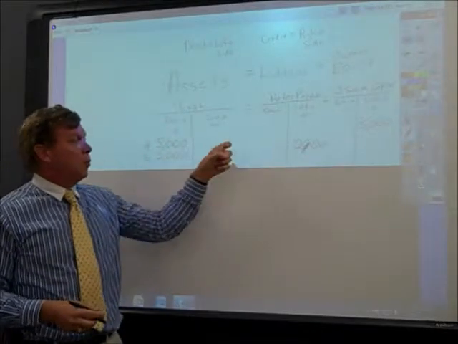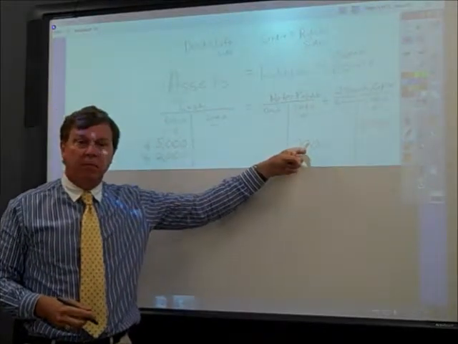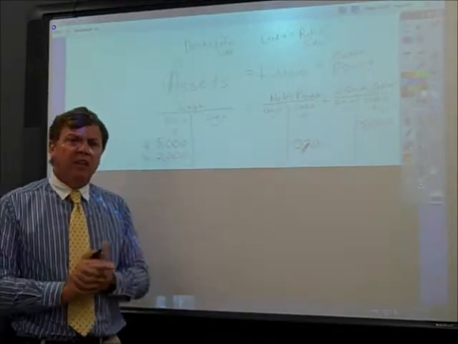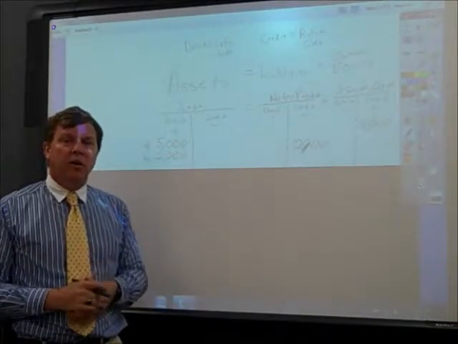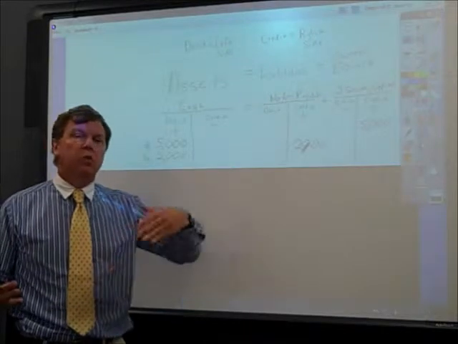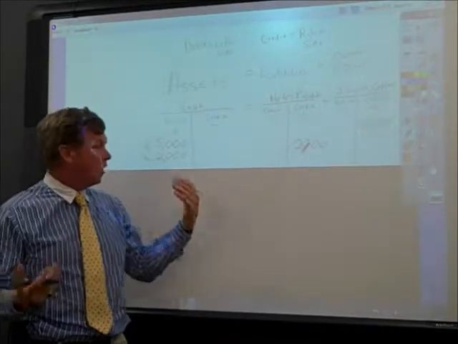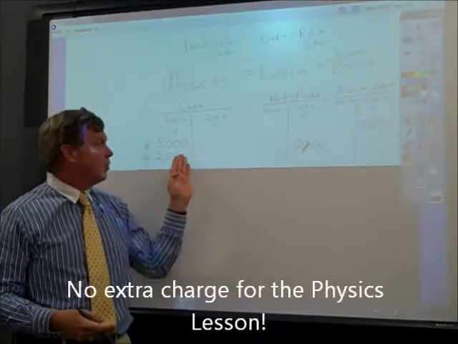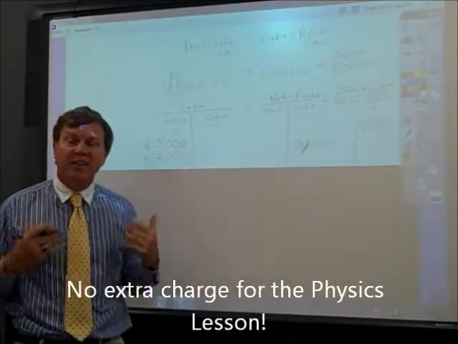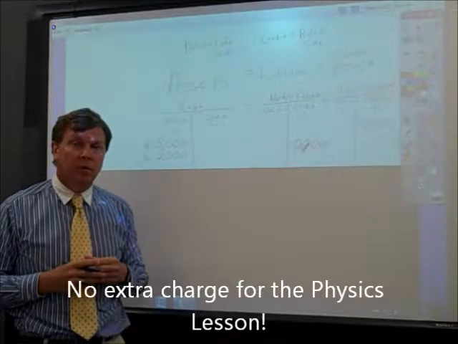Again, for every debit, we have to have an offsetting credit. It's similar to Newton's third law of motion: for every action, there's an equal and opposite reaction. Same in accounting. For every debit, there's an equal and opposite credit. Notice that in each of these, we had to have the exact same amount.